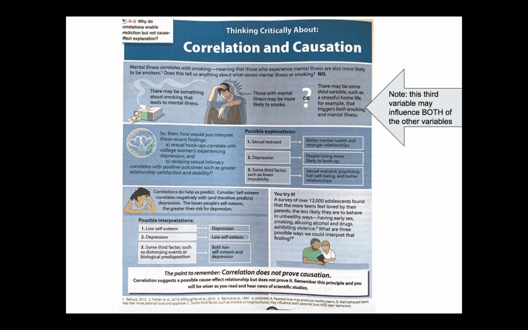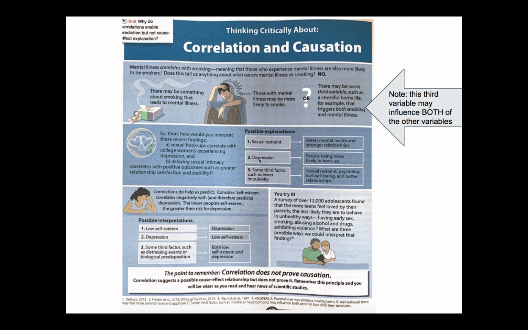But there's lots of different explanations for this too. Sexual restraint may lead to better mental health and stronger relationships. Depression could lead people to be more likely to hook up.